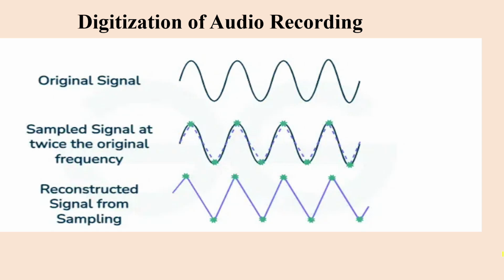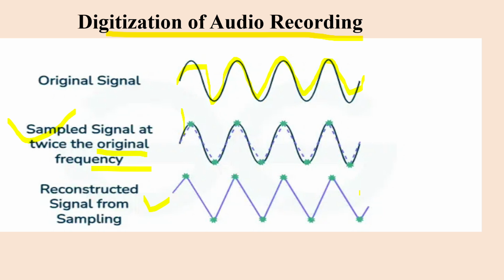Now you can better understand the digitization of the audio signal. This is an analog signal, a continuous smooth wave, and it is sampled at twice the frequency of the original signal. In this case, just 2 times. So this is a reconstruction. At least as per the Nyquist theorem, the sample frequency should be twice to reconstruct the wave.